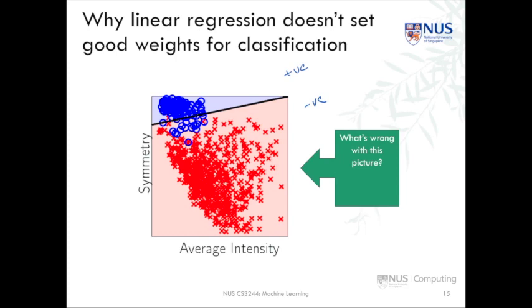Take a minute and think about this. Each of these, this entire mess of negative values, are all supposed to have the value -1. And all of these positive class examples are all supposed to have the value +1. Well, look at this hyperplane.